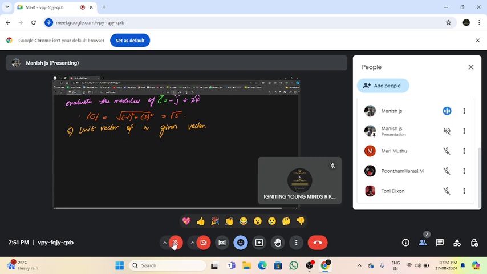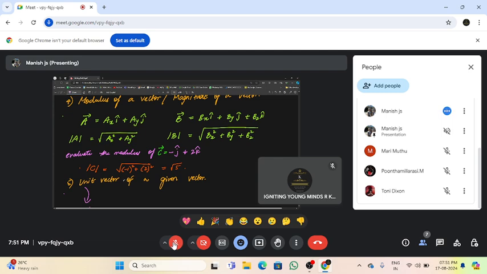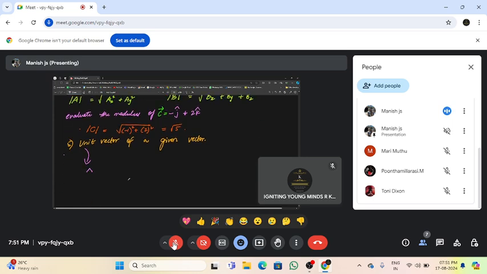When you try to find out the unit vector of any particular given vector, we represent the unit vector using a cap. Now what do I mean by a cap? This symbol is called a cap. You remember I have written i cap, j cap and k cap. Can you see over i there is a cap-like symbol which looks like the roof of a hut? That's what is called the representation for unit vectors. So you put a cap on the top.